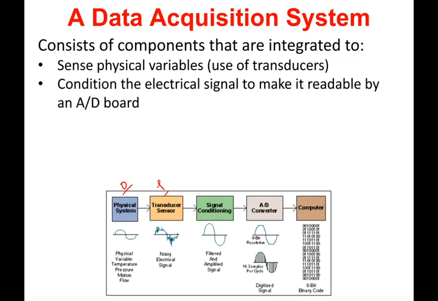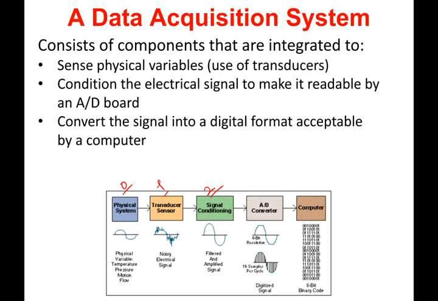Then you have the signal conditioning part that essentially cleans the data that is read by the transducer. Then you convert that data using an analog to digital converter.